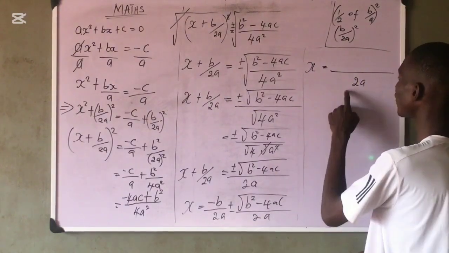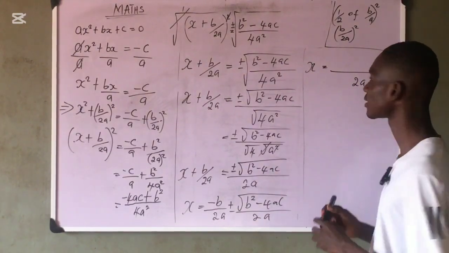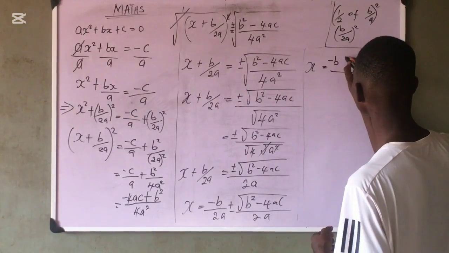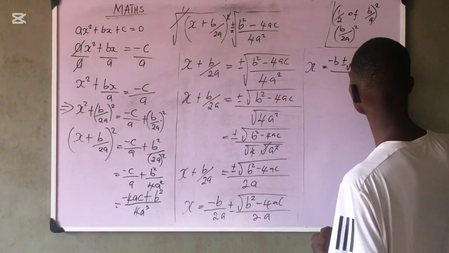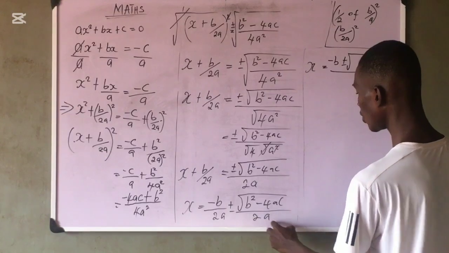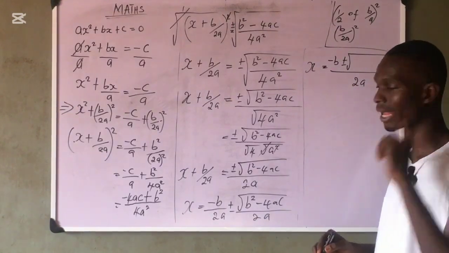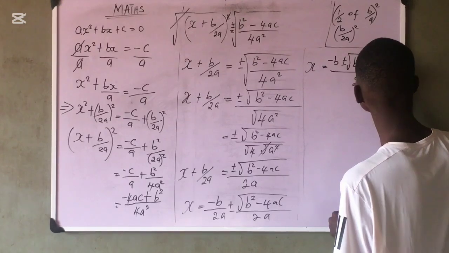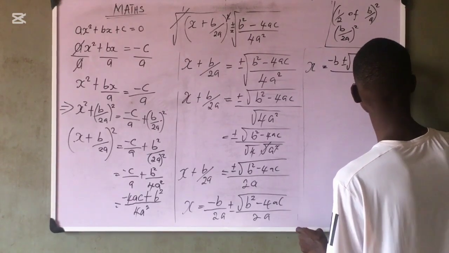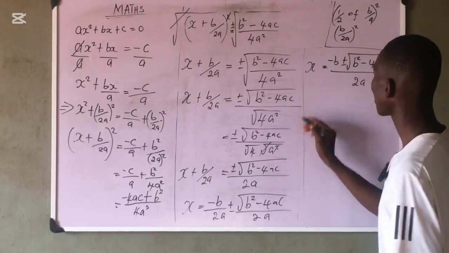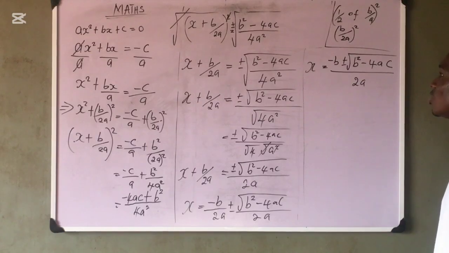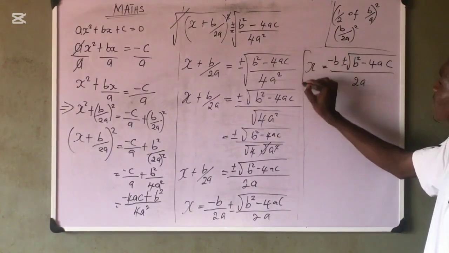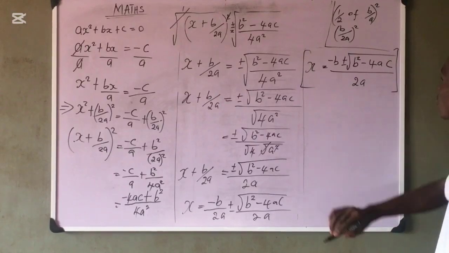When 2a divides 2a, it gives me 1. 1 times minus b gives me minus b, plus or minus square root of, 2a divides 2a is 1, 1 times this gives me b squared minus 4ac. And when you look at this, you will confirm that this is the almighty formula you know.